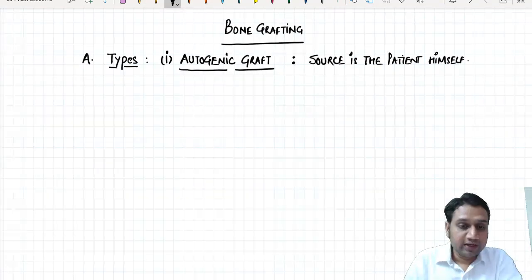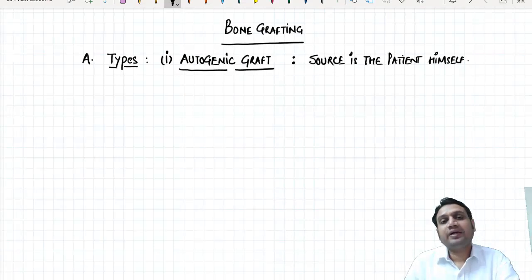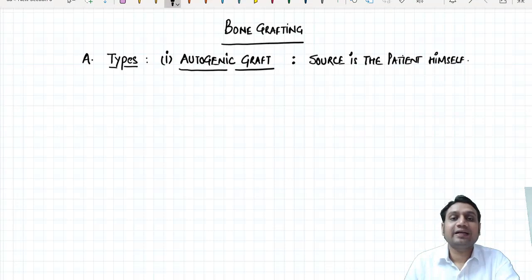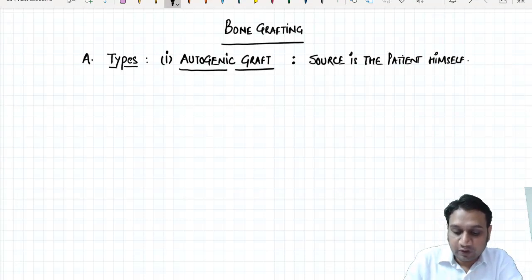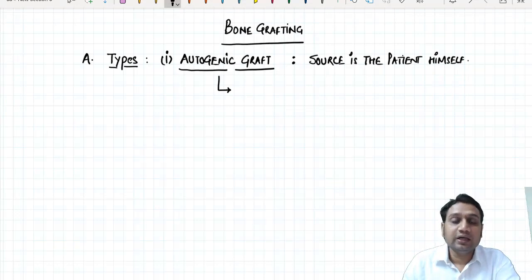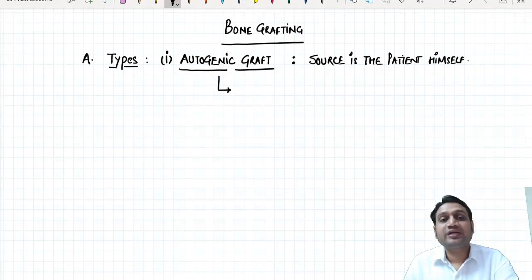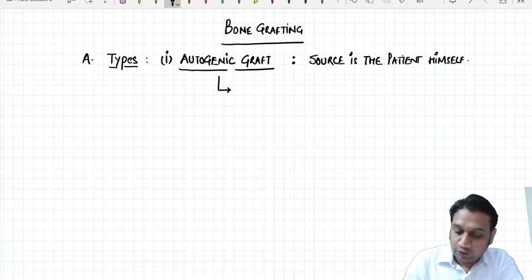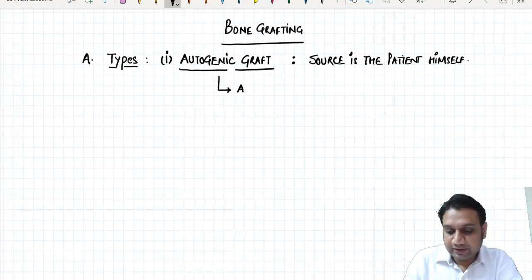Okay. So these autogenic grafts, when you're taking out, you should know that there are two broad, common types of graft that can be taken out from a patient. What are those? Autogenic graft can be cortical or cancellous.